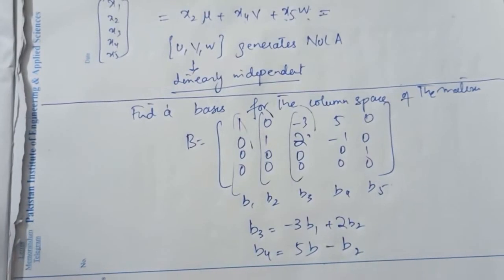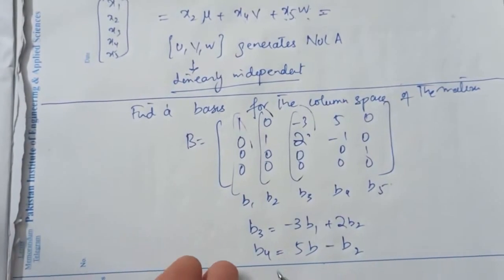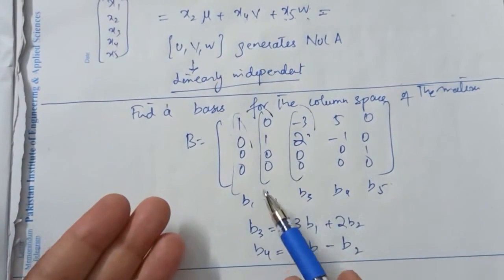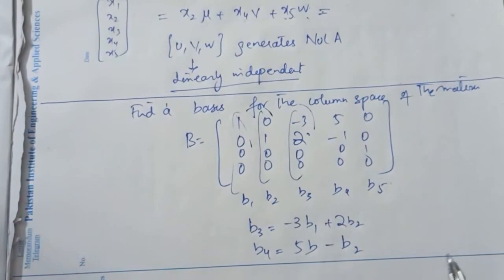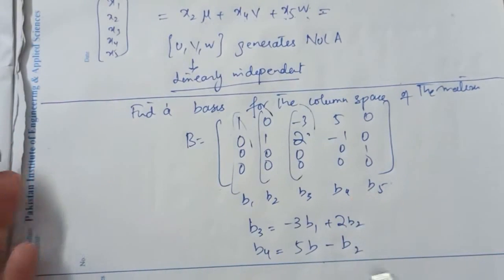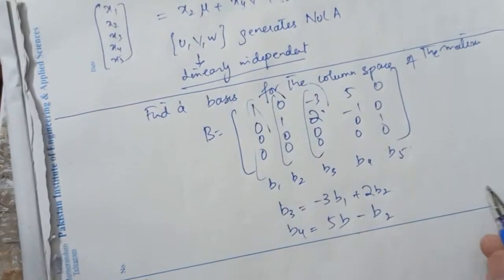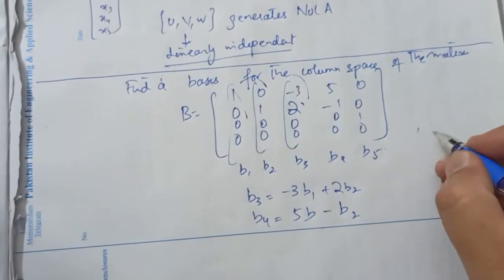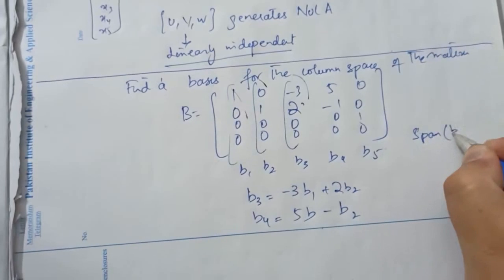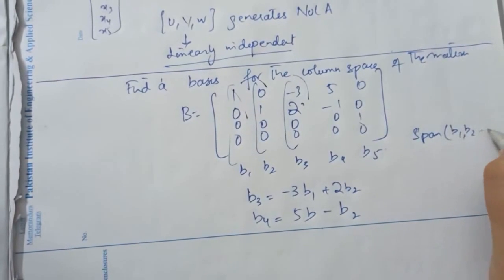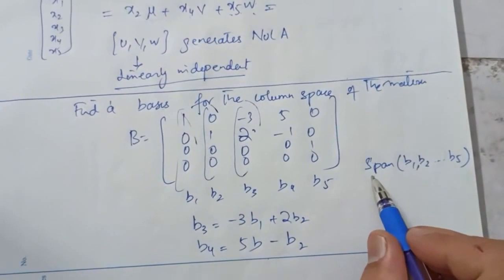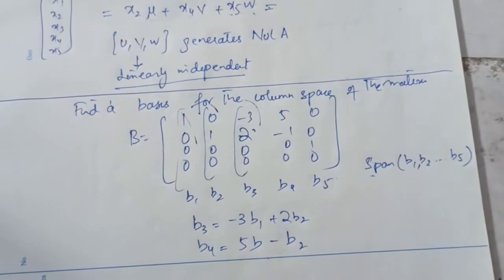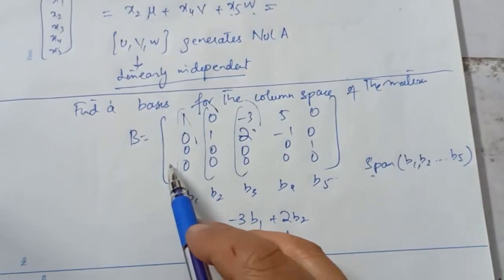right? So the fact that B3 and B4 are linear combinations of the pivot columns means that any combination of B1 to B5 is actually just a combination of B1, B2 and B5, right? So we can say the column space is nothing but the span of B1, B2 and B5. Remember how we define the column space: it's nothing but the span of the column vectors in the matrix.